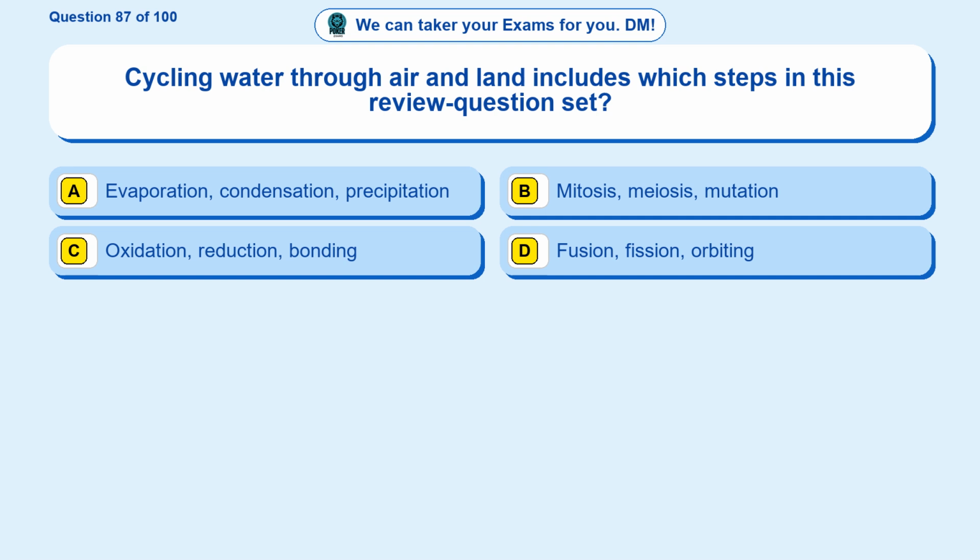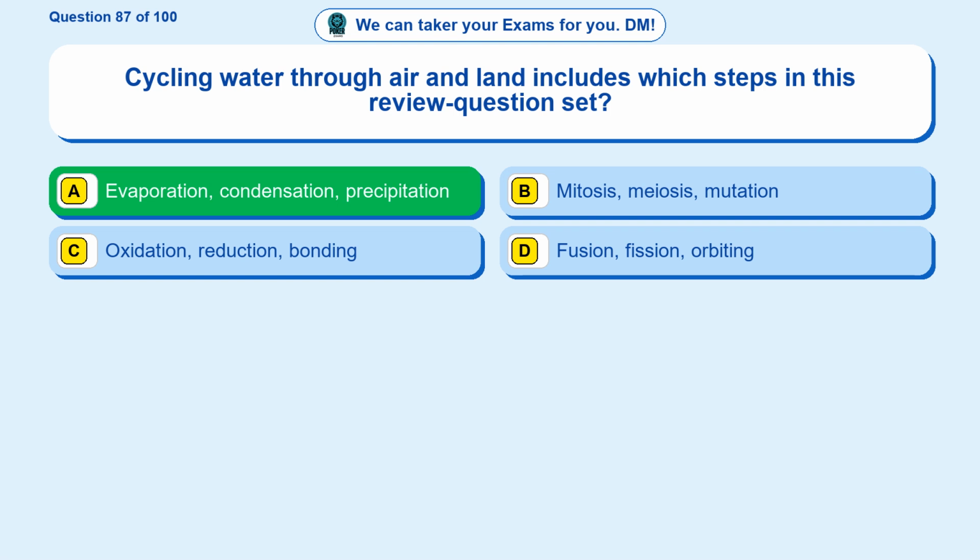Question 87. Cycling water through air and land includes which steps in this review question set? Option A, evaporation, condensation, precipitation. Option B, mitosis, meiosis, mutation. Option C, oxidation, reduction, bonding. Option D, fusion, fission, orbiting.